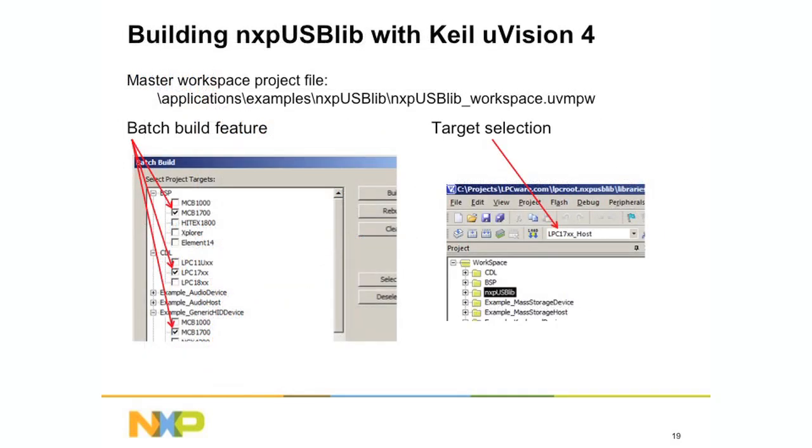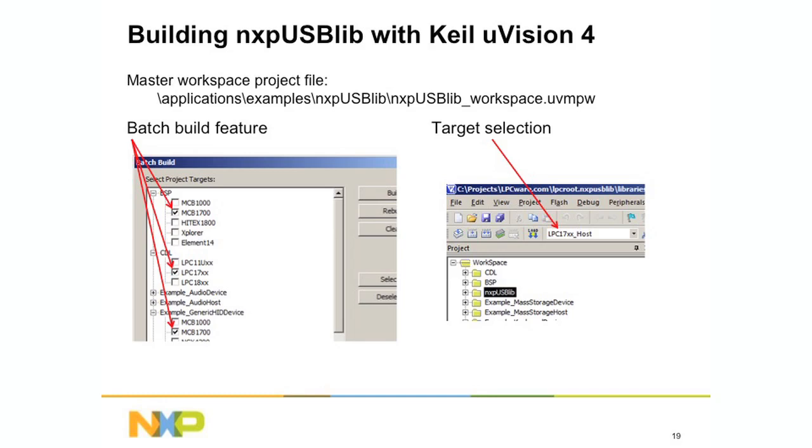Okay, so building it in Keil, both Keil and LPCXpresso have build configurations. In Keil, they're called targets. And in Keil, since we have multiple libraries, and since the examples link those libraries in, you're probably best to use the batch build feature in Keil.